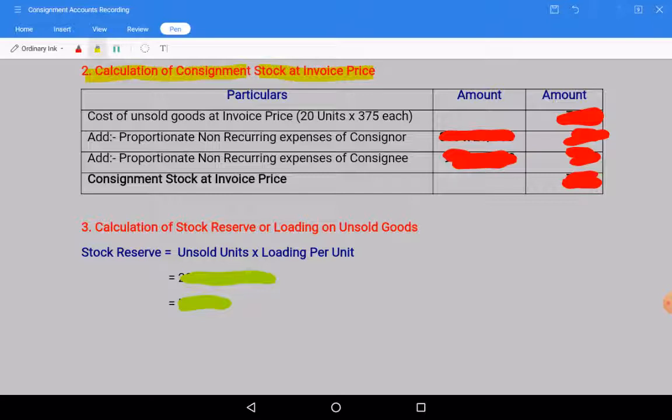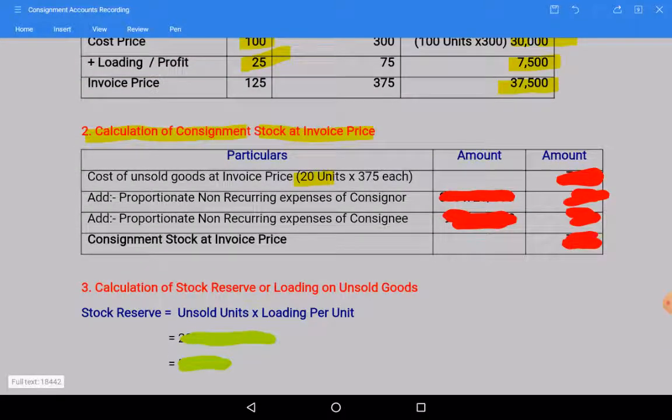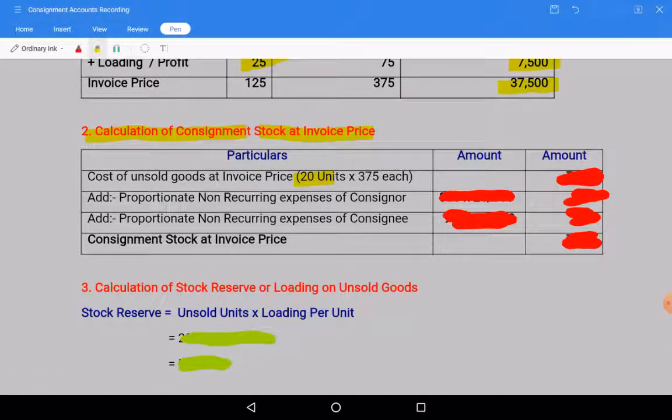How many unsold goods are there? 20, because out of 100 he has sold 80, so remaining 20 are unsold. And just now we have calculated the cost per unit at invoice price, which is 375.